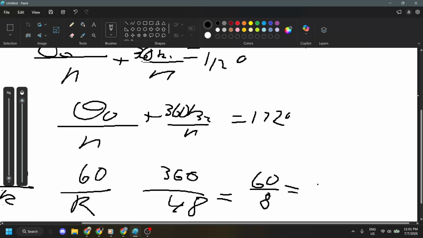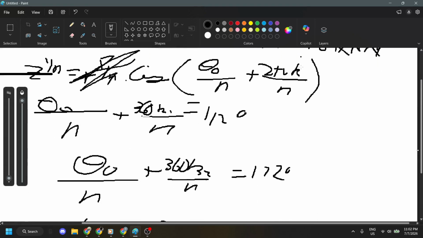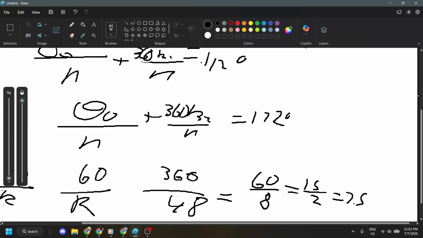That is equal to 30 over 4, which is 15 over 2, which is equal to 7.5. So 7.5 times 48, does that seem right? 7 times 48 is 336, plus 0.5 times 48 is 24, yeah, that seems right. So that's how it's going to be.